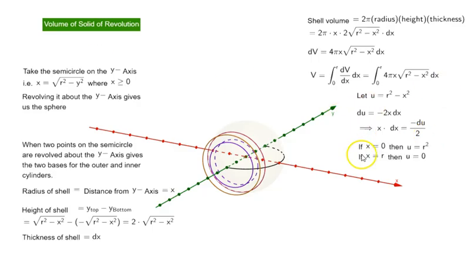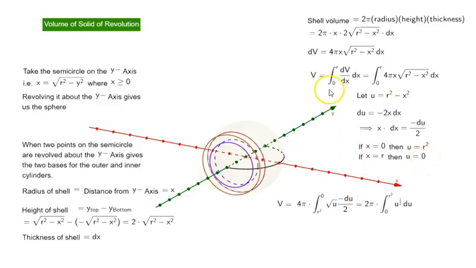Now, since we are using the substitution method, we have to change the limits. Limits are 0 to r. So if x is equal to 0, then u is equal to r square. Now if x is equal to r, we have r square minus r square, which is 0.